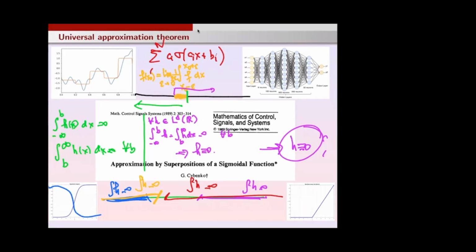By Lebesgue differentiation, the function is 0 everywhere. And therefore, applying this to the function h coming from the Hahn-Banach contradiction, I can guarantee that this combination of sigmoids, superposition of sigmoidal functions a la Cybenko, is dense.